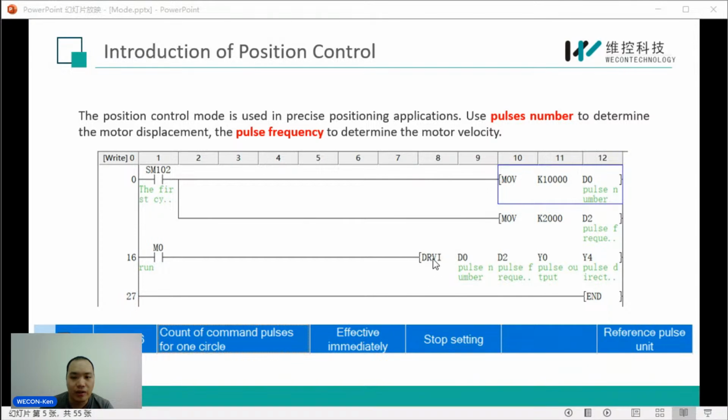The DRVI instruction is a relative move instruction. It is supposed to control these four parameters.